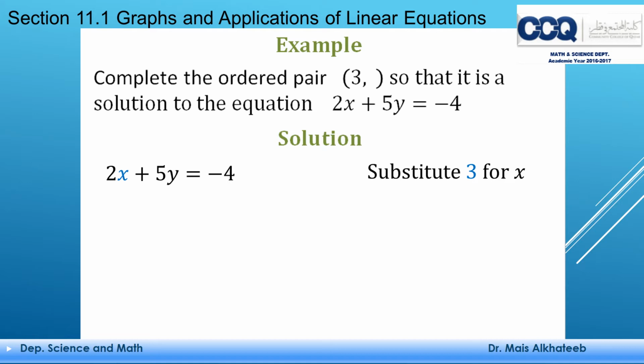In this way we have to replace x by 3. We replace x by 3 instead of x here. We put the 3. 2 multiplied by 3 equals 6. 6 plus 5y equals minus 4. Now we move the 6 to the other side.